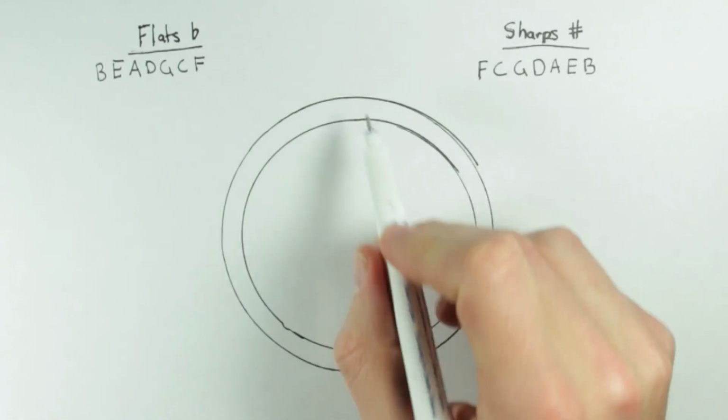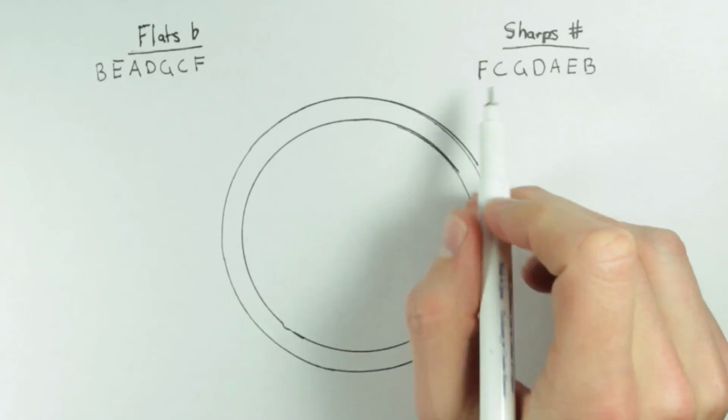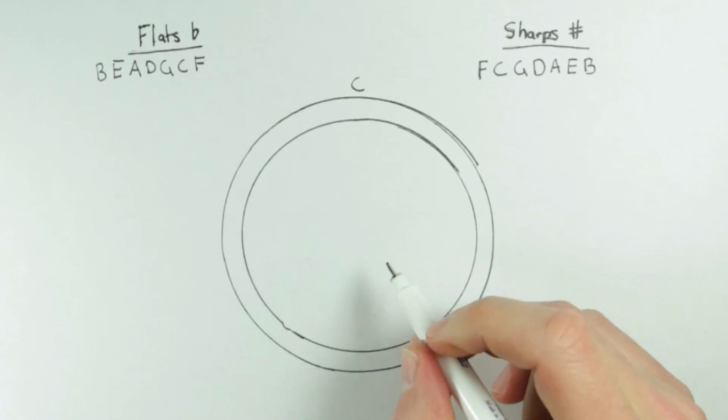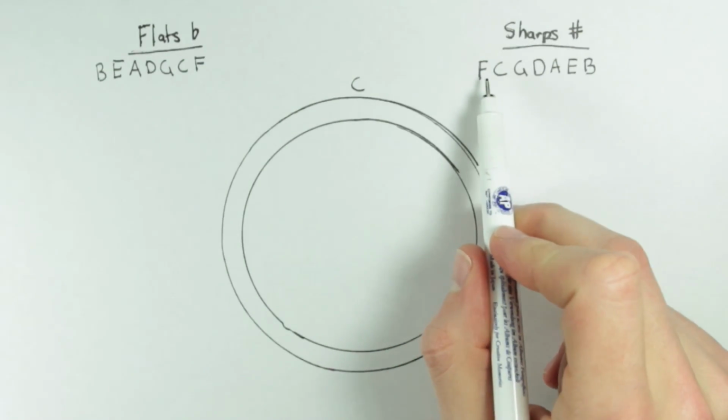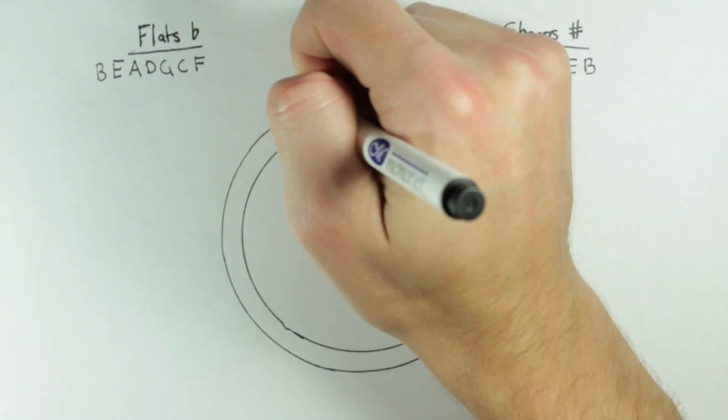So now we will arrange all these letters around the circle. Now we start at the 12 o'clock position, but we start with the C. And then we write them in this order initially. So we'll just put the F here first.